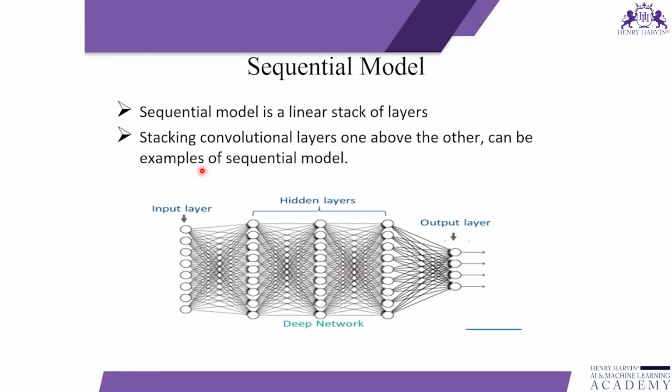First, we have to look at the sequential model, because as I said, in sequential models we stack the layers one on top of another. If you go to the Keras website, it says that sequential models are nothing but a linear stack of layers.